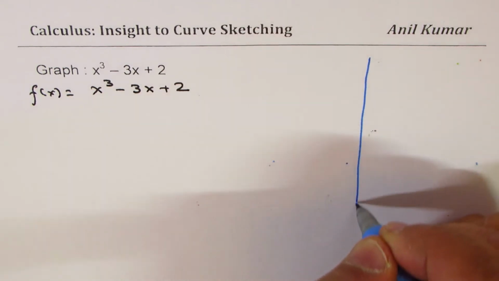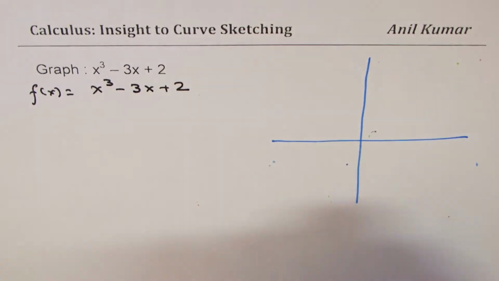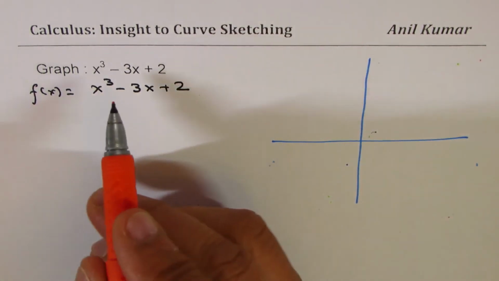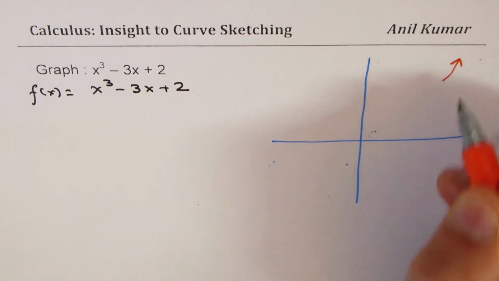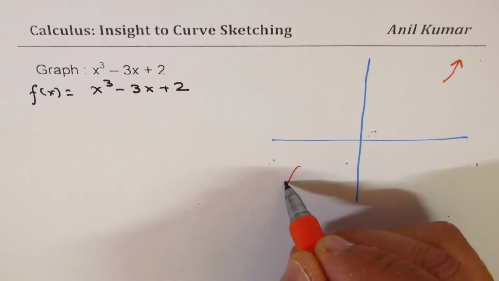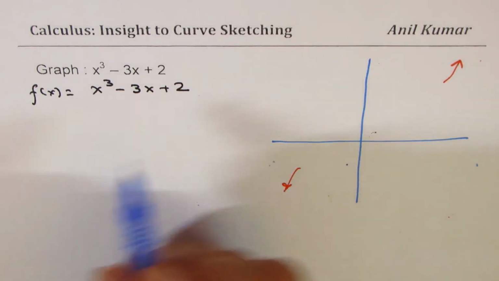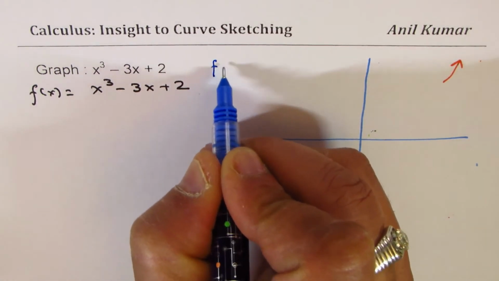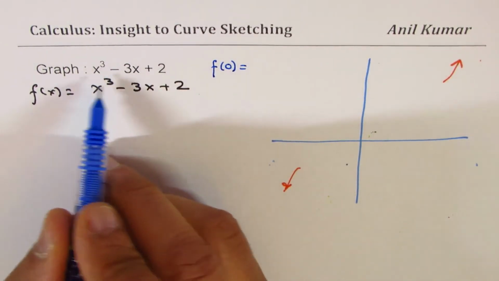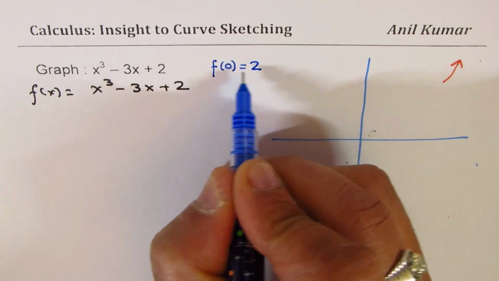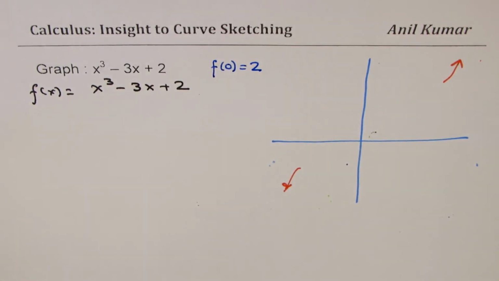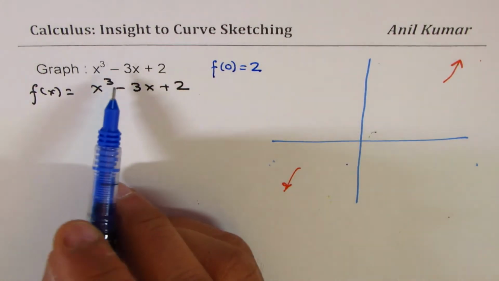So the end behavior here is: leading coefficient positive means right side up, odd degree means opposite ends. Does that make sense to you? Easy, right? Now, y-intercept, that is to say, let me write here, f of 0 is what? So when I substitute 0, I get 2. So the y-intercept is 2.